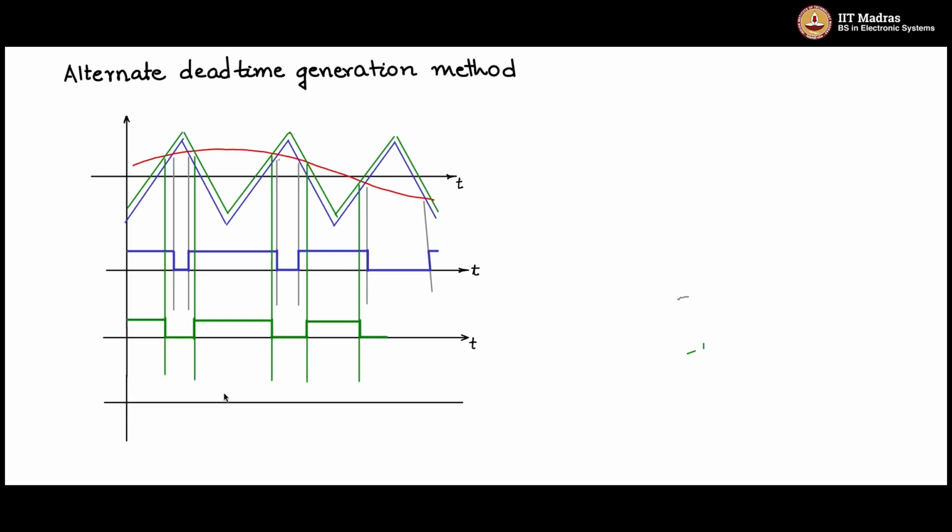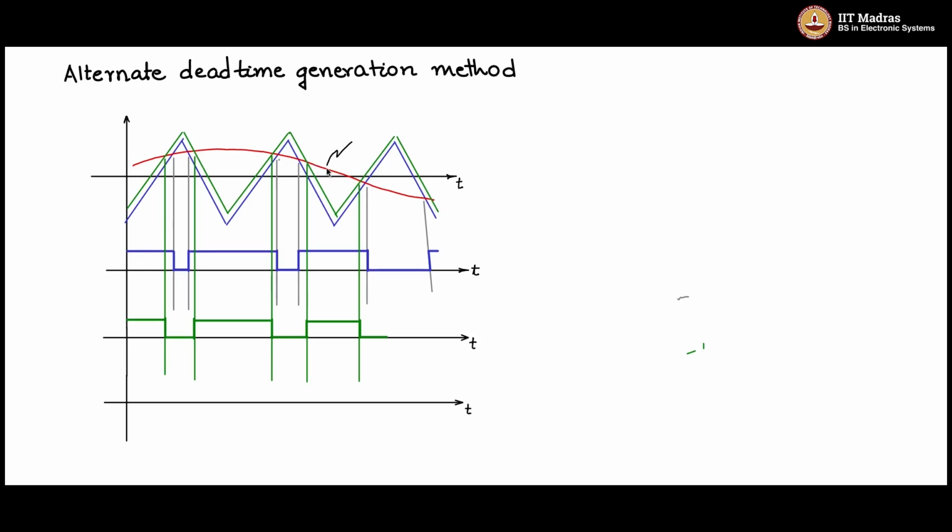Now I will have one more time axis like this, and what I am going to put there as the waveform, I will just explain. Before that, I want to indicate that these waveforms, let us name them.